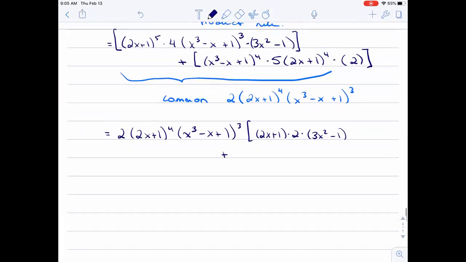plus x to the power of 3 minus x plus 1. And then I've got the 2 taken care of, but I've also got times 5, and then 2x plus 1 to the 4 I already pulled out. So that seems to be it.